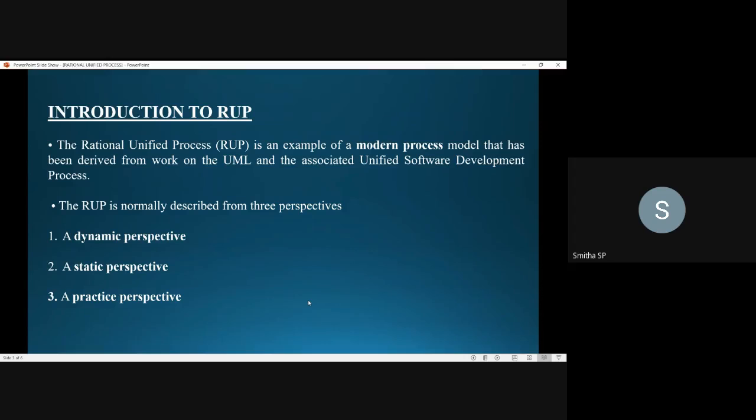A dynamic perspective shows the phases of the model, and a static perspective shows the process activities that are enacted in the model. Next, a practice perspective which suggests the good practices that need to be used during the process.